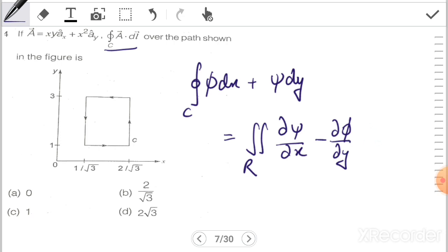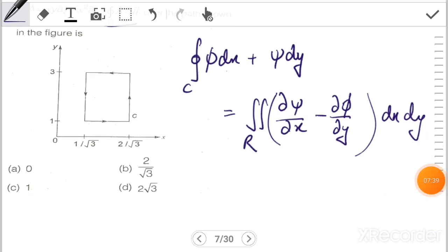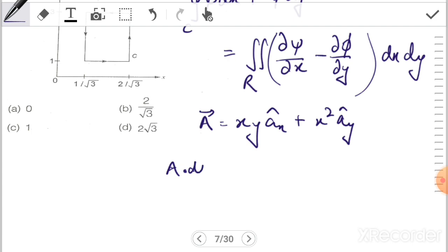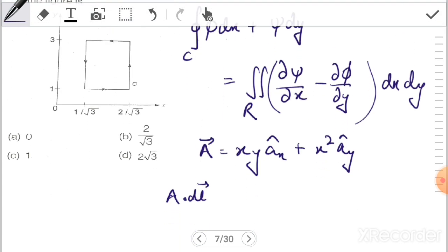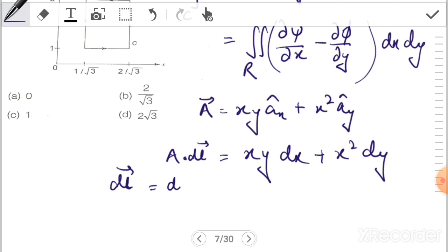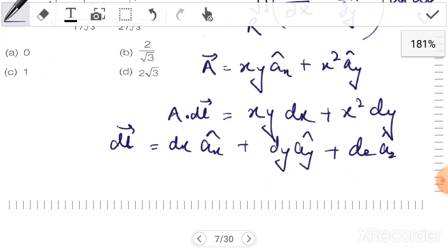So this is Green's theorem. Now the given vector is xy ax cap plus x square ay cap, and A dot dl is xy dx plus x square dy, where dl is dx ax cap plus dy ay cap plus dz az cap.